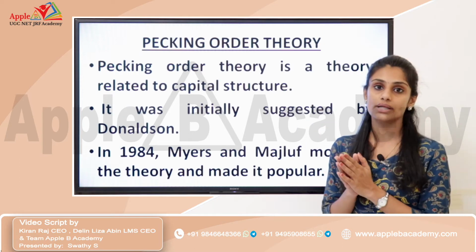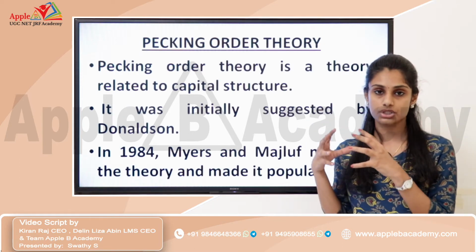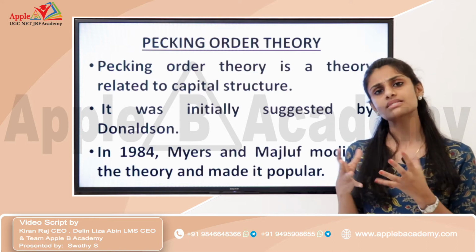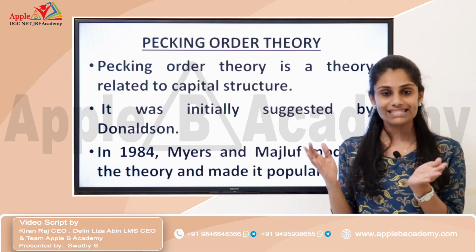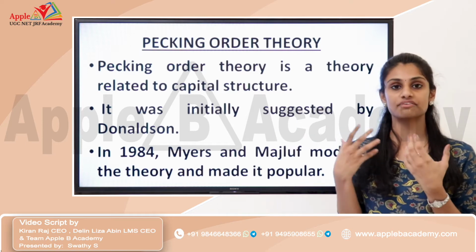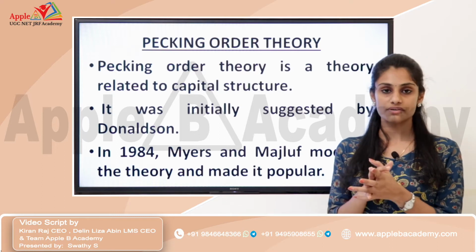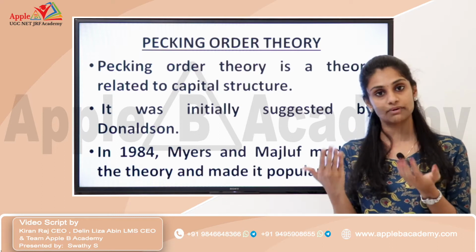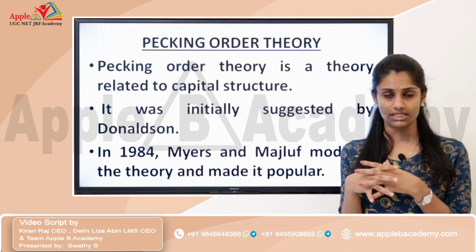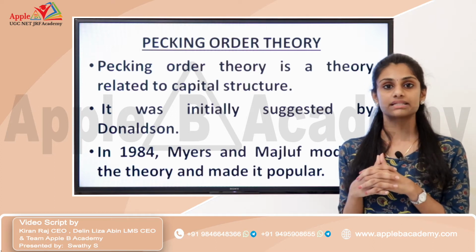The pecking order theory is related to the capital structure of a company. What do we mean by capital structure? Capital structure is a combination of different sources which the firm uses for raising funds. A capital structure includes equity shares, preference shares, debentures and retained earnings. All these can be components of a capital structure.